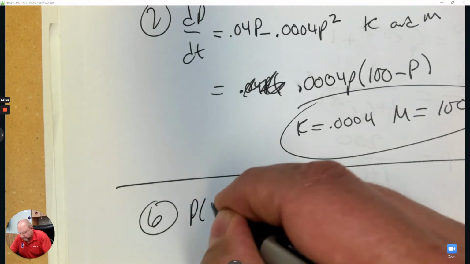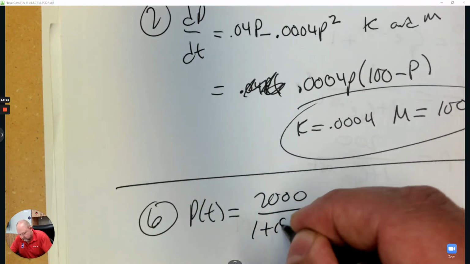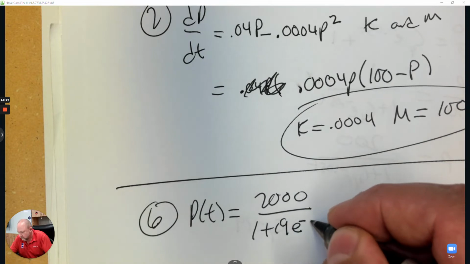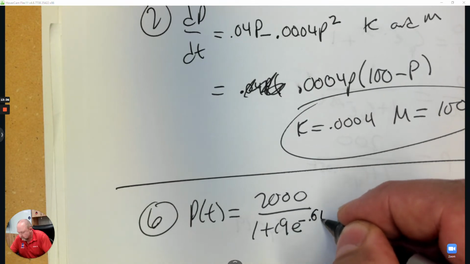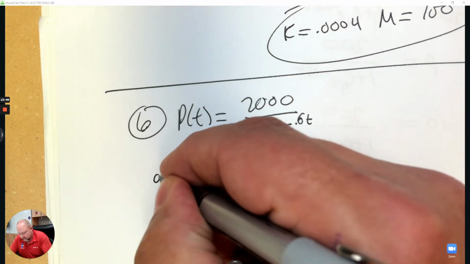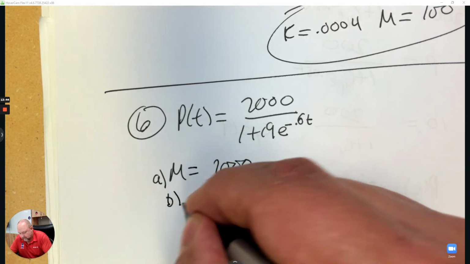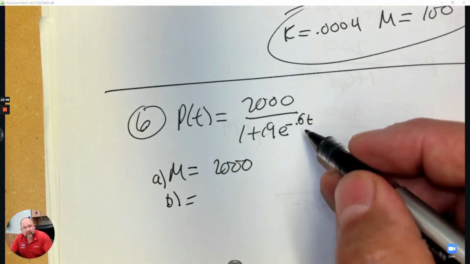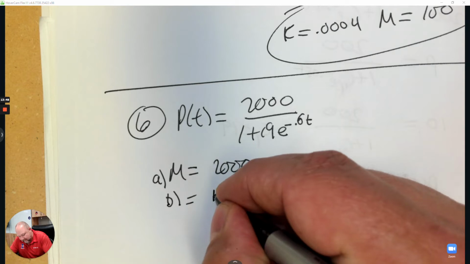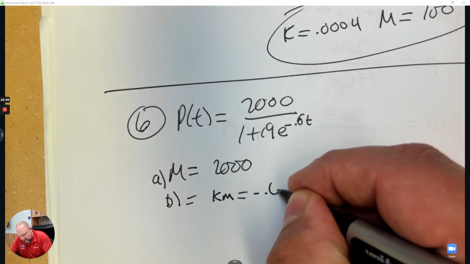Let me write it down. So here's the logistic. So the carrying capacity is the numerator. What's the value for K? So K times M is negative 0.6.